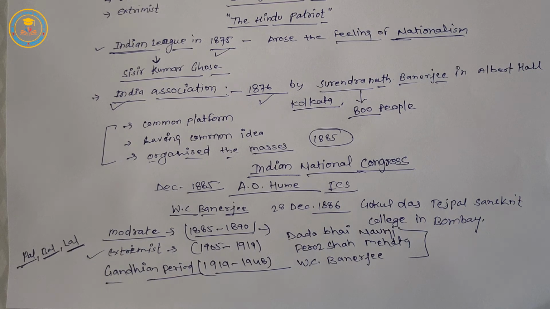The main purposes of the extremists were boycott of foreign goods, use of Swadeshi goods, satyagraha, Indian education rather than British education, and demand for Indian industries. All these are the objectives of the extremist leaders.